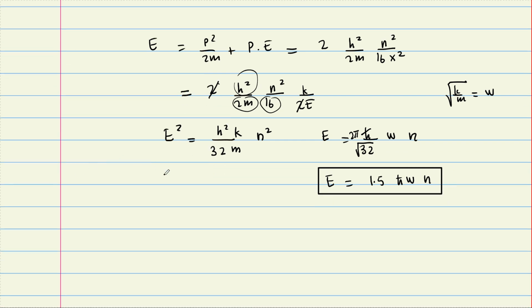Before we come to that, we can see equally spaced energy levels. This is different from particle in a box. In the case of particle in a box, the energy level spacing was going with n squared. Here we have equal spacing, which is given by h bar omega. There is a 1.5, but we are doing approximation anyways.